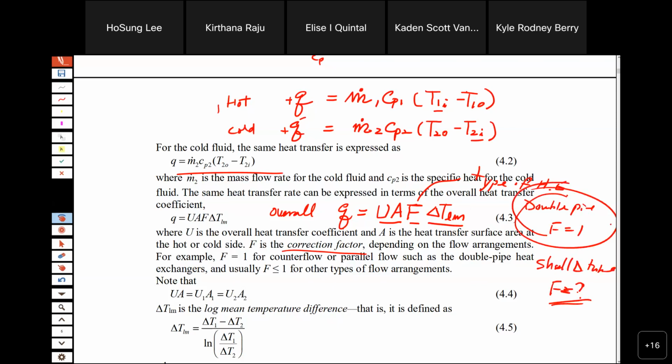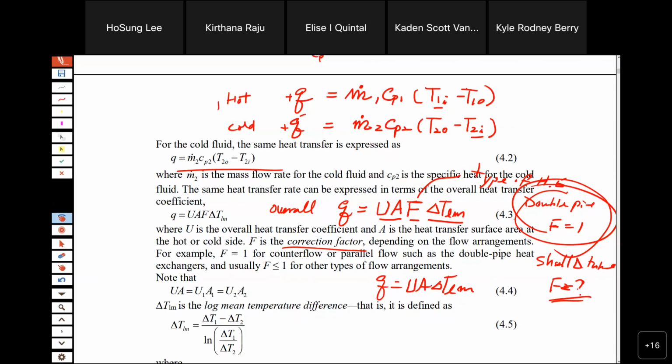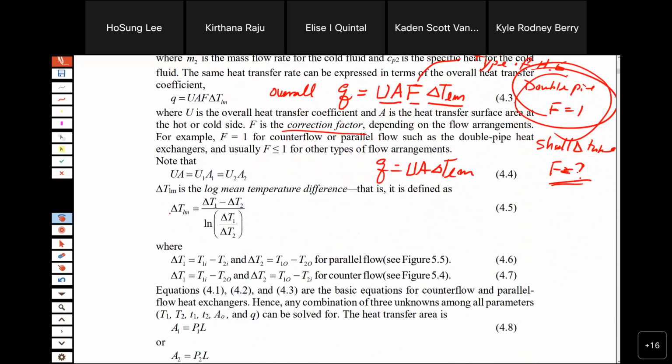But double pipe is 1. So if we talk about the double pipe, it's just UA times the log mean temperature difference. And the log mean is defined easily.